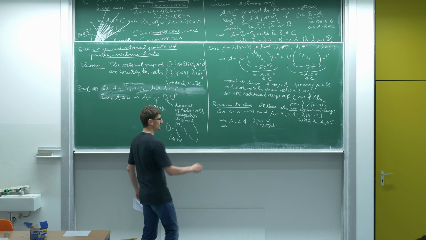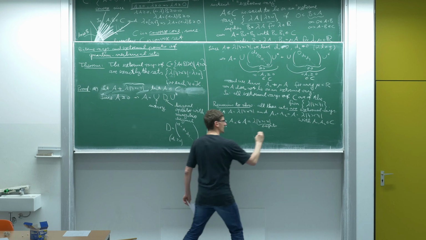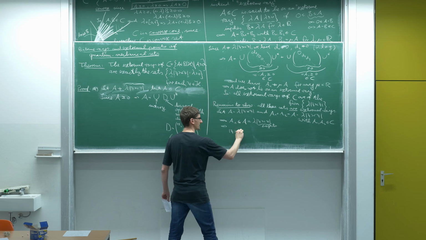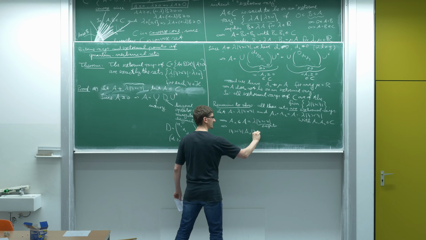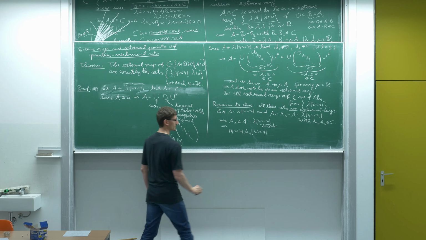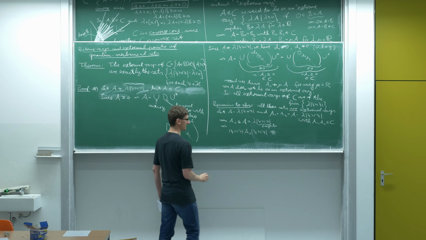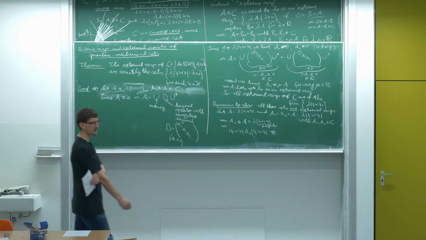In the last lecture we showed that this implies that if we sandwich everything with the projector, so we take the projector times A1 times the projector, then this again has to be smaller or equal than A. How did we show this?